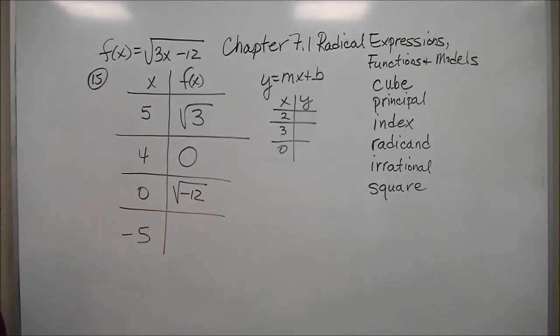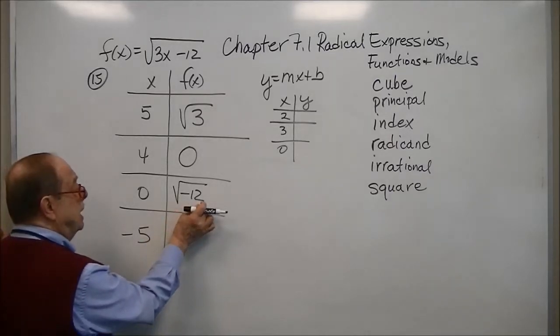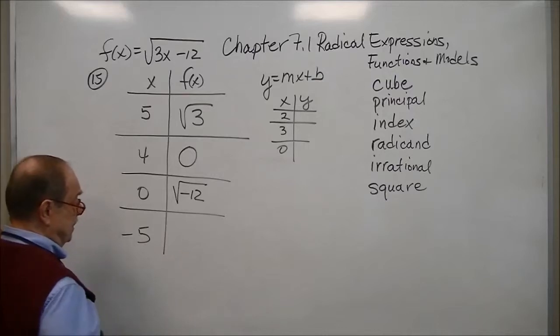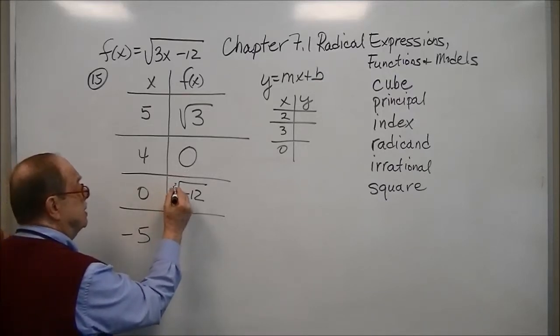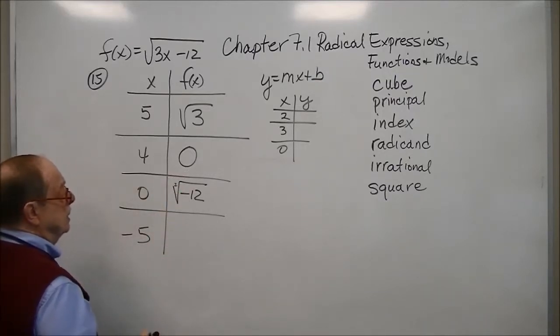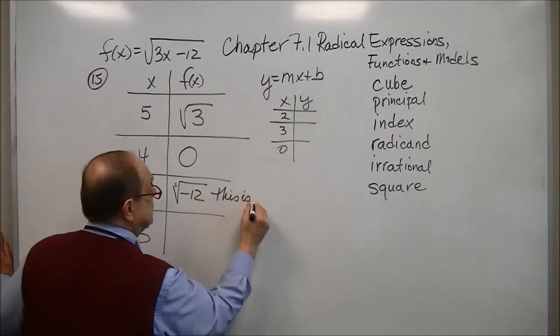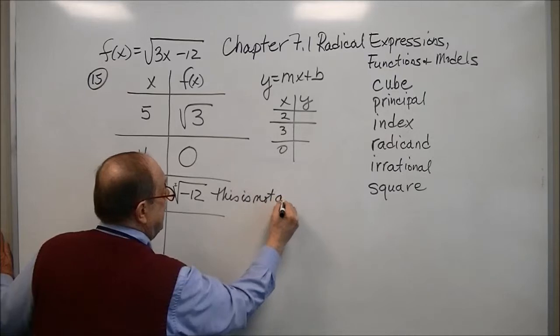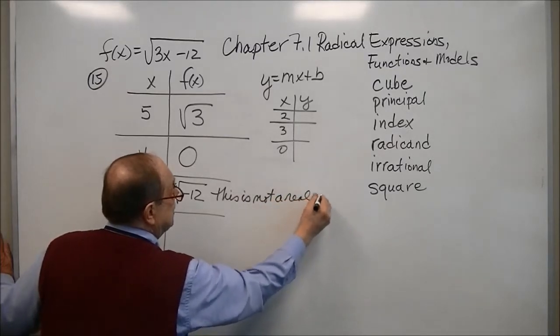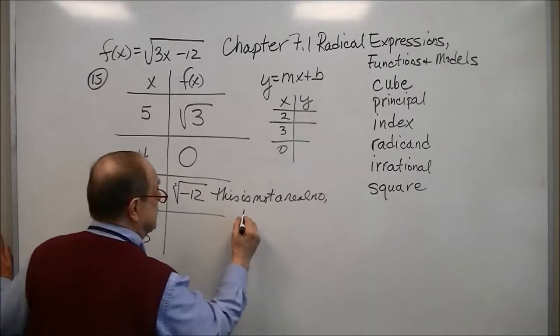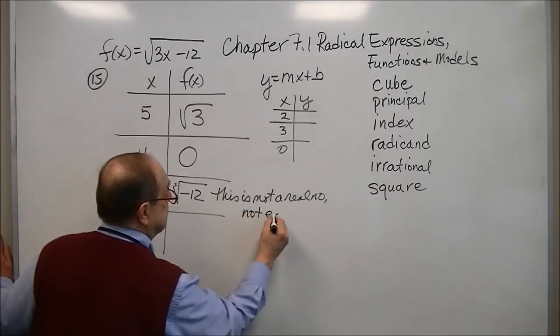And the answer is no. There's no two numbers that you can multiply together, the exact same numbers, and get a negative when your index number is 2. So we say this is not a real number. And in our booklet they're saying this does not exist.